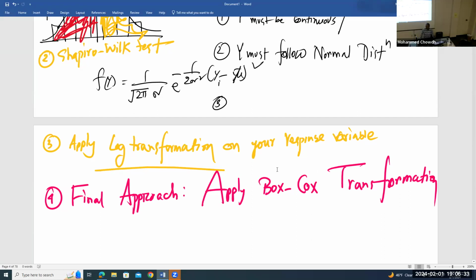On what variable? On what variable? Box-Cox transformation. What variable? Response variable. Y variable. You said Y, right? Okay, I did not hear.